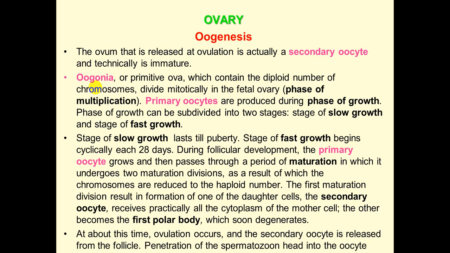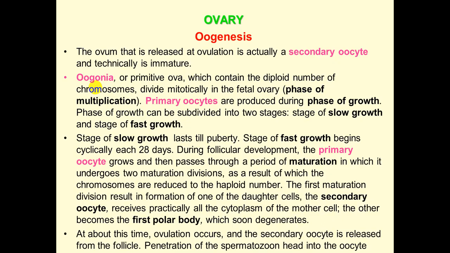And when the newborn girl appears, in her ovary is a limited number of oogonia. And these oogonia may be, I told you, 200,000 to 400,000 primordial follicles.